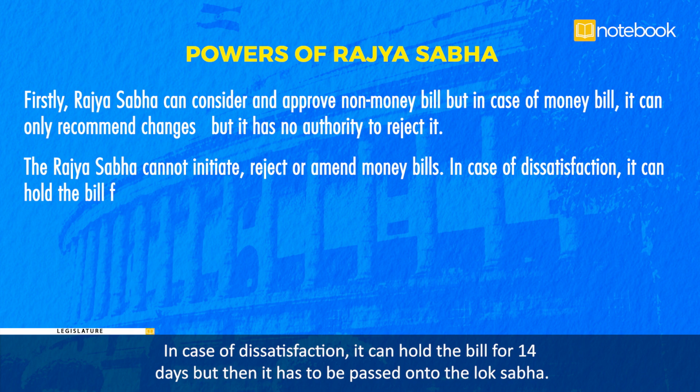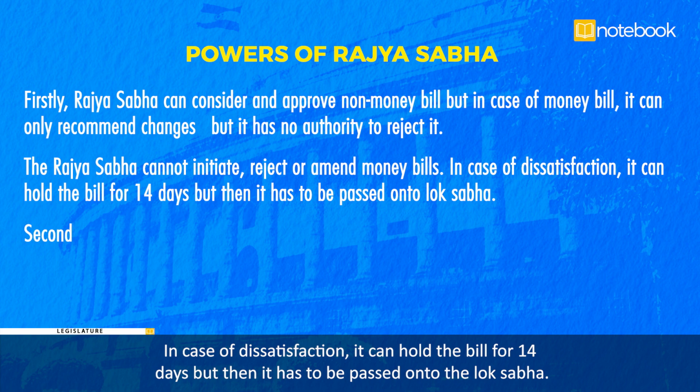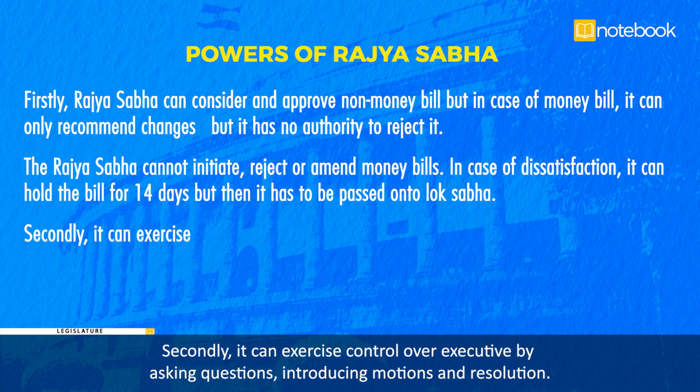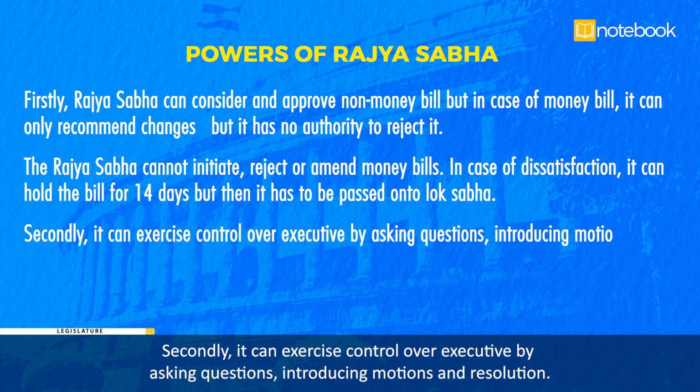In case of dissatisfaction, it can hold the bill for 14 days, but then it has to be passed on to the Lok Sabha. Secondly, it can exercise control over the executive by asking questions, introducing motions, and resolutions.